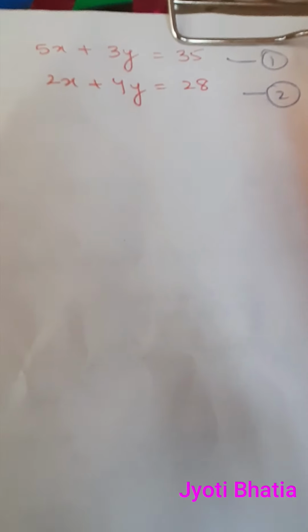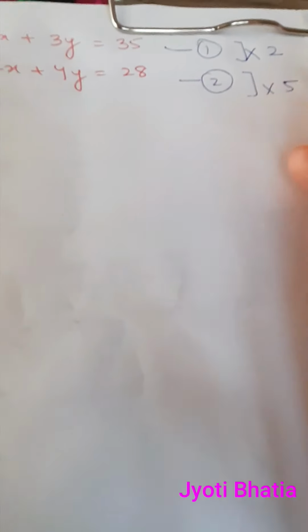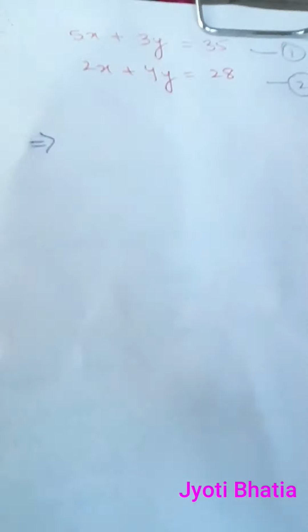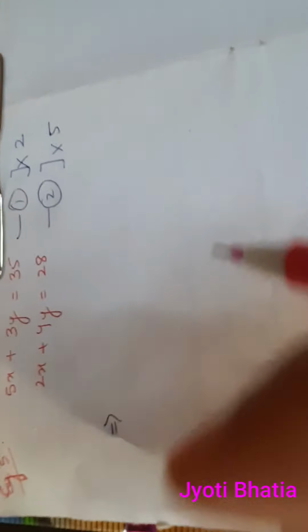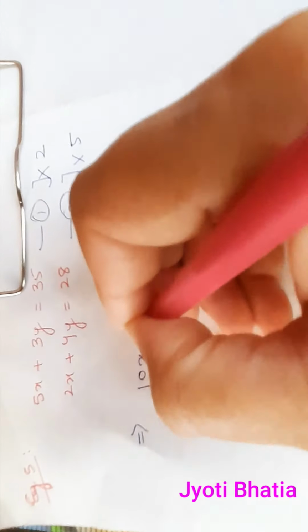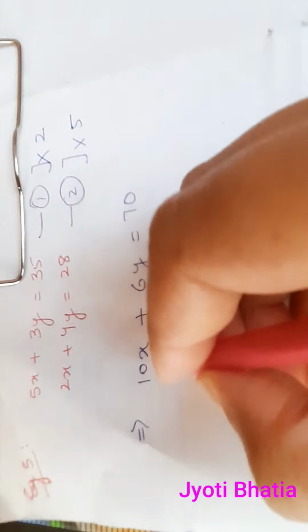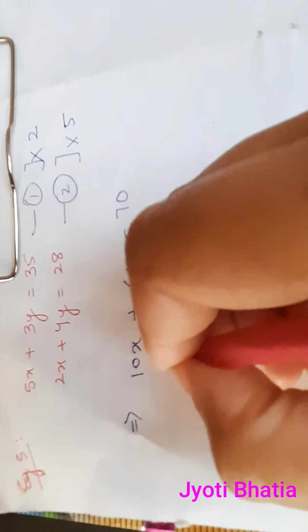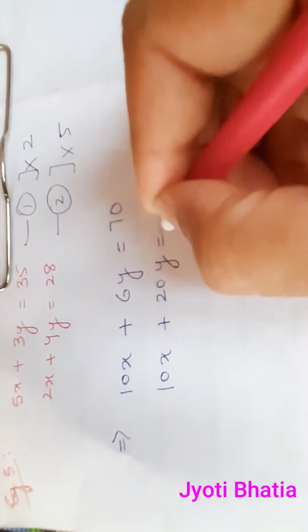Let us eliminate x. So I am multiplying first equation by 2 and I am multiplying second equation by 5. So this gives me 5 into 2, 10x, 3 into 2, 6y is equal to 70, and the next one would be 10x plus 20y, and 28 into 5 gives me 140.